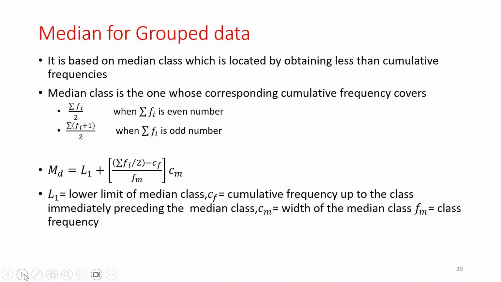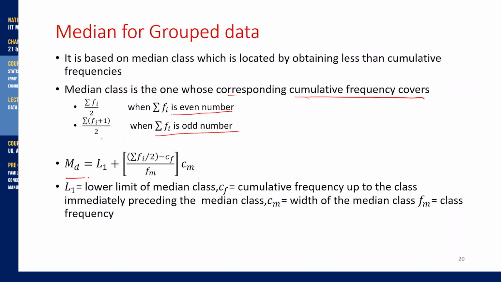In that case, the median class is the one whose corresponding cumulative frequency covers sigma Fi by 2 or (sigma Fi plus 1) by 2, depending on whether sigma Fi is an even or an odd number. We have to find the value of sigma Fi by 2, or (sigma Fi plus 1) by 2, and then find the median using this equation.